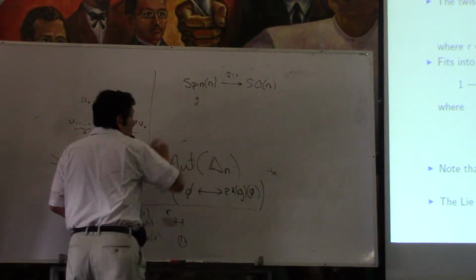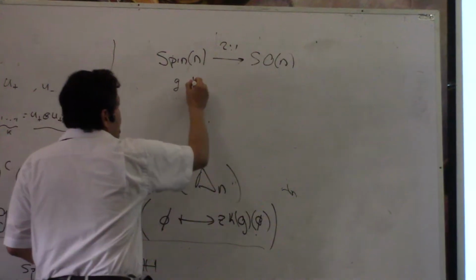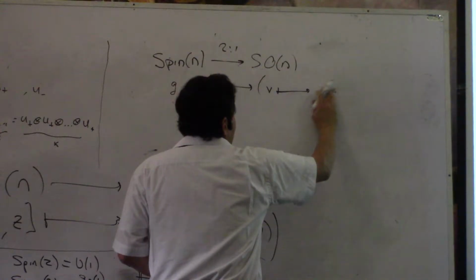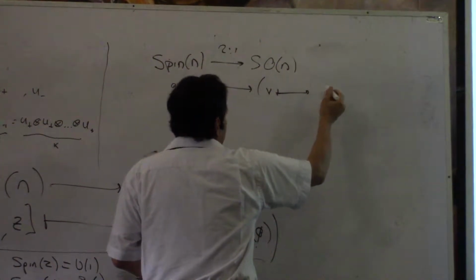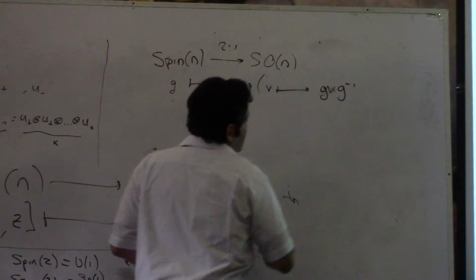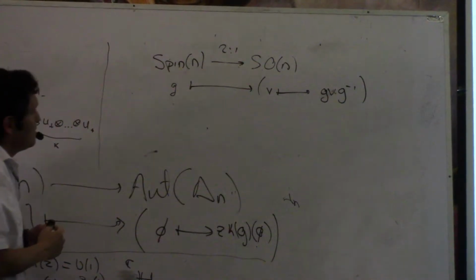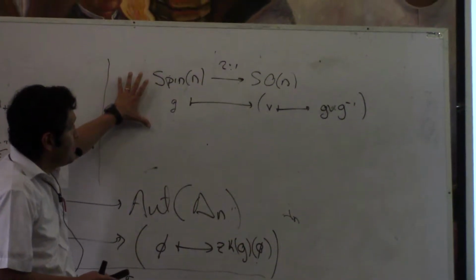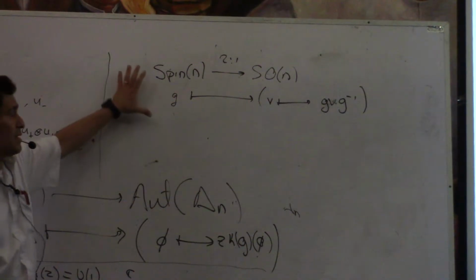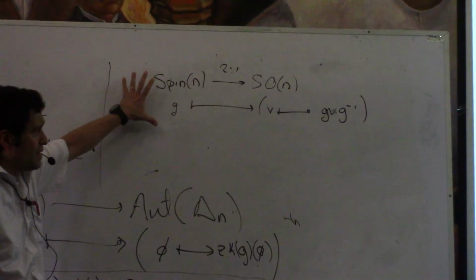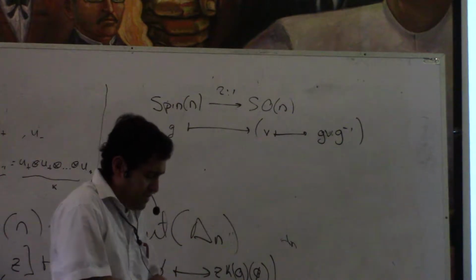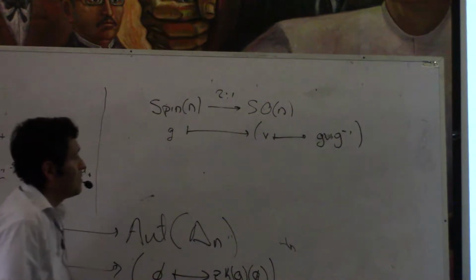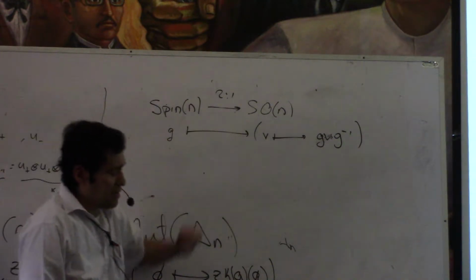Basically, you take an element here, and you send it to the transformation that uses it this way, or the other way around. It doesn't matter. With that, from an element that lives in the Clifford algebra, in a very big space, using the Clifford product, or Clifford multiplication, you are able to manufacture a rotation.